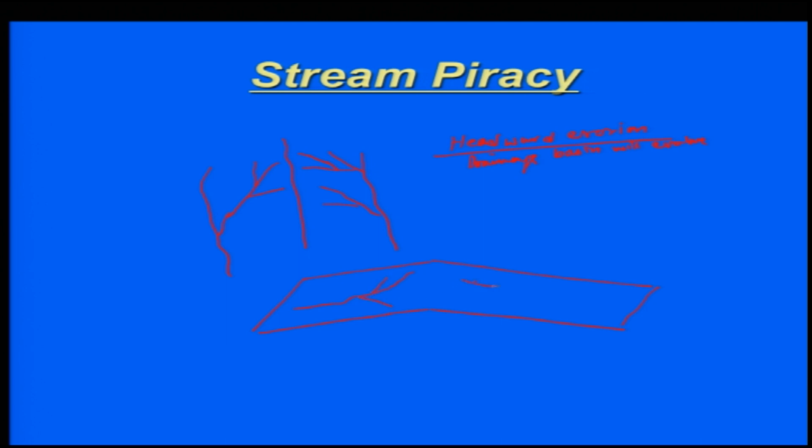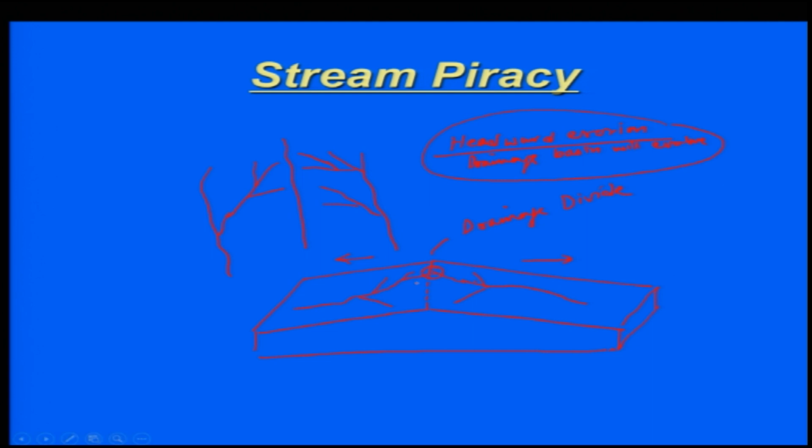And then here the streams are flowing in this direction, because the slope is in this direction, and this will mark your drainage divide. Take into consideration the headward erosion and the drainage basin evolution, then what will happen is that this will keep eroding this side, and the time will come when this will connect. Okay.